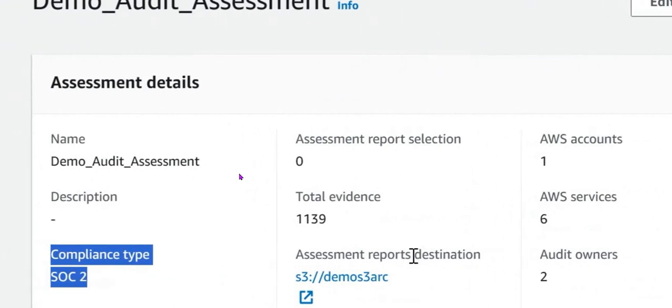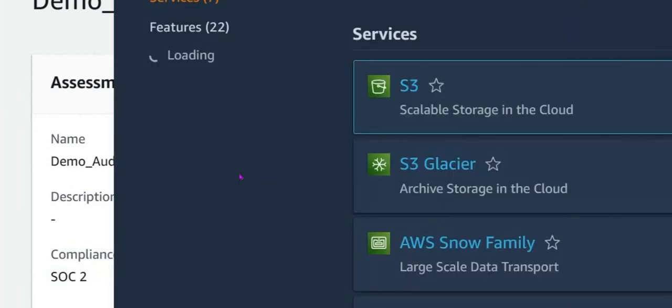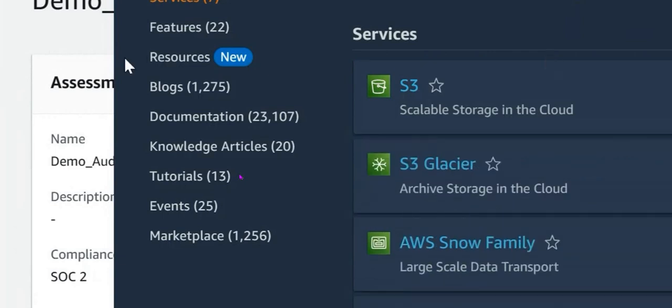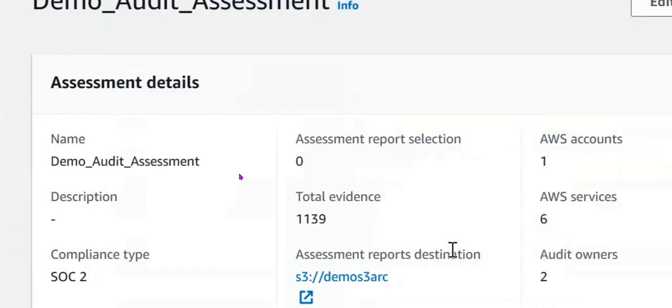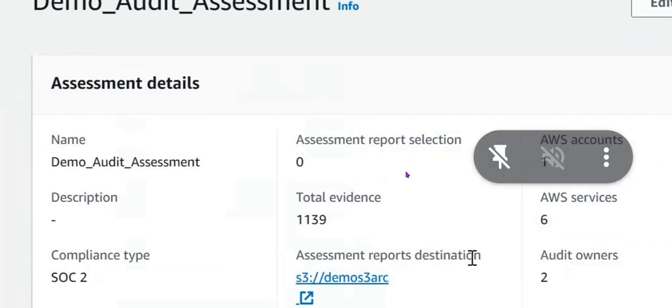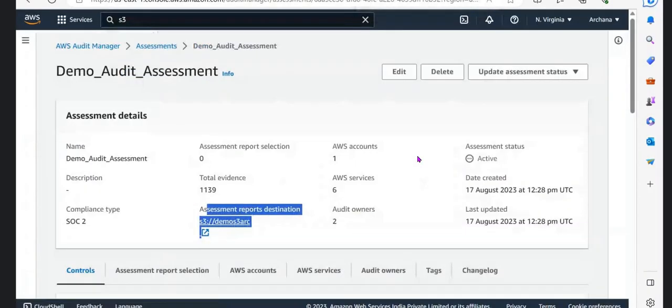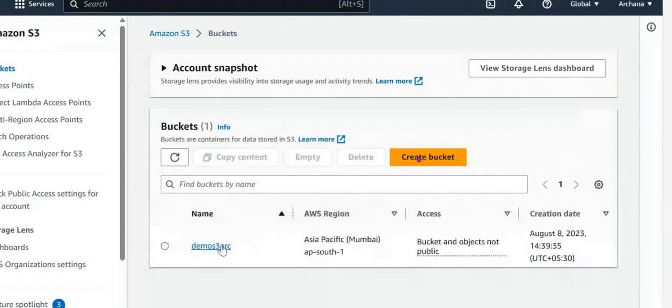There would be lower level, very high level, secured ones. Different types of categories will be there. Okay, and the reports will be put into this S3 bucket that I have created. Right.